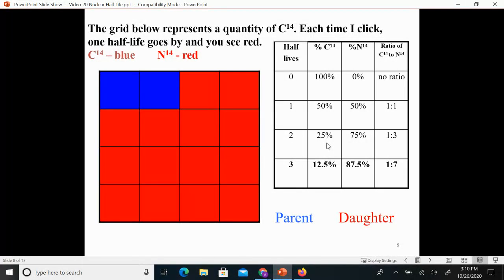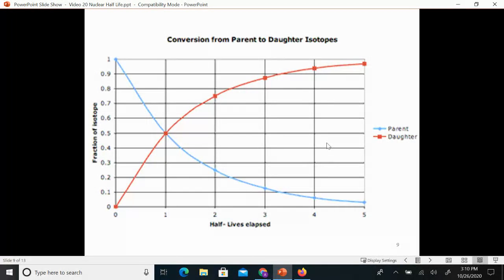And I can keep on going. I could go to 6.25 and then 3 point whatever, all the way until I'm almost at 0% for my parent. So you do notice that my parent is going down, it's decreasing, going all the way to 0. It can actually go to 0. And then my daughter is increasing, it's going all the way to close to 100%.